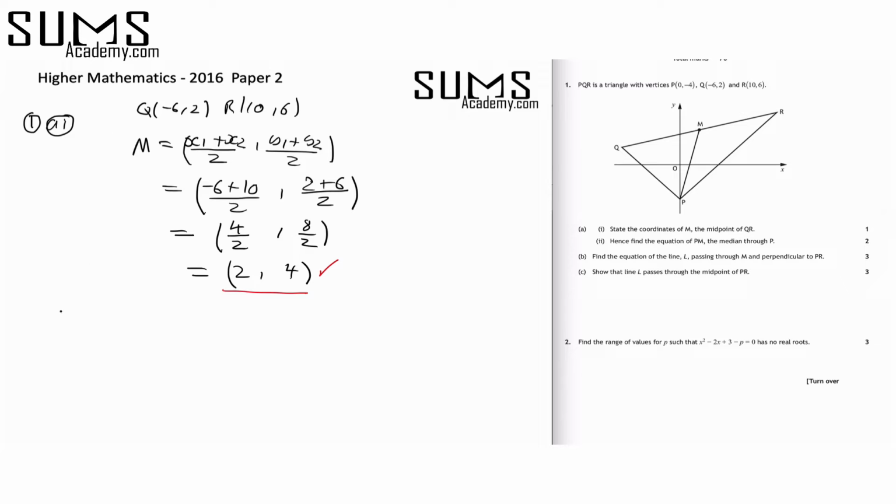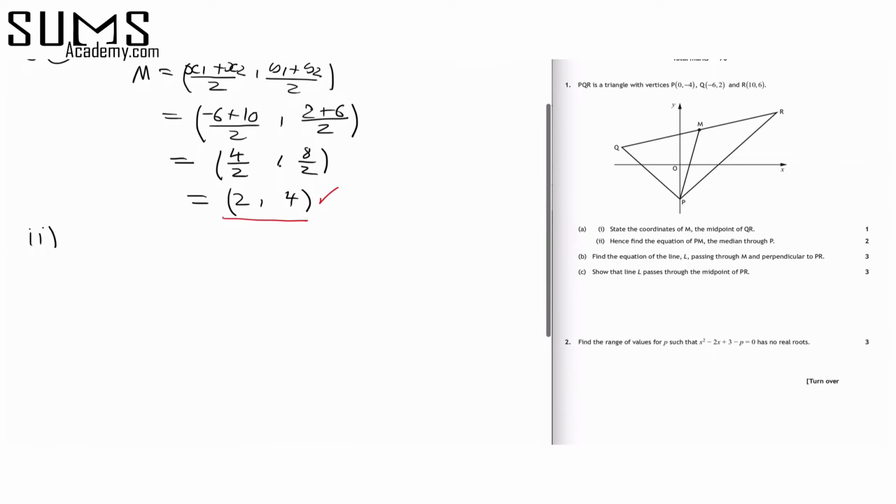Okay, now part II. Hence, find the equation of PM, the median from P. So you want to find the equation of this line. For any line, you're going to need a point and a gradient. So we have to work out the gradient of PM, which is easy enough.